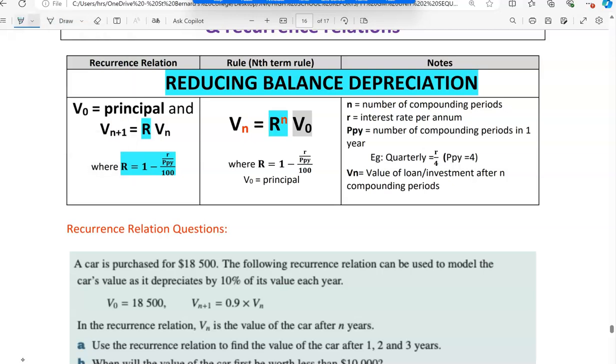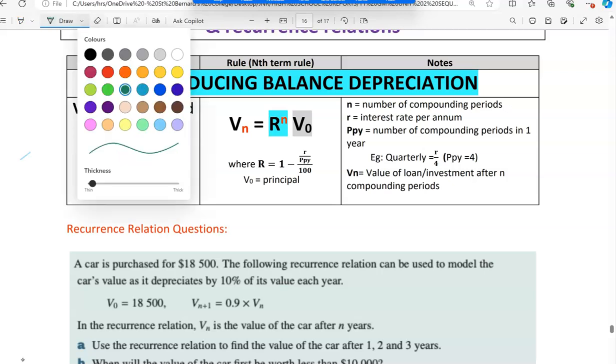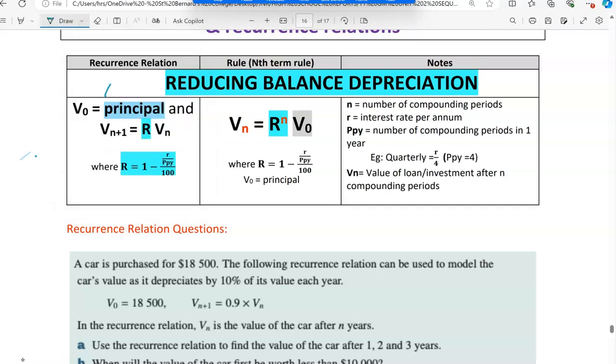Now remember, sorry, I didn't highlight this. If it's highlighted, it means that you will have to put in what the scenario is for each case. So remember, the principal is the original amount, or initial amount.